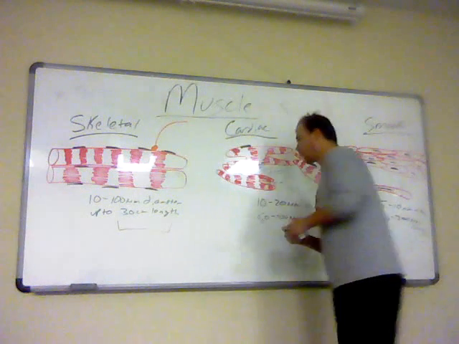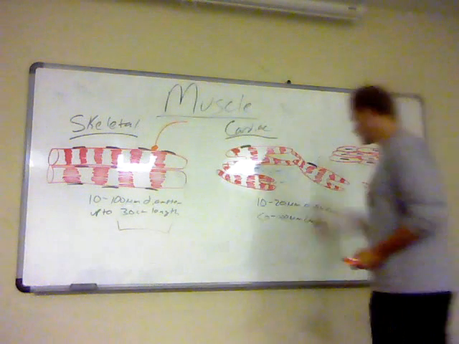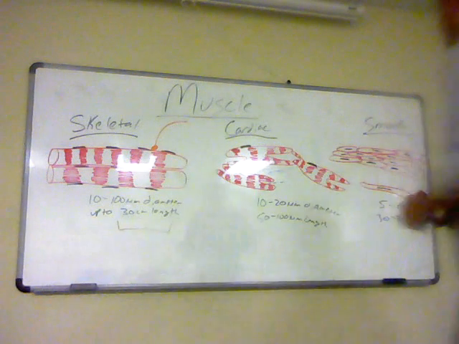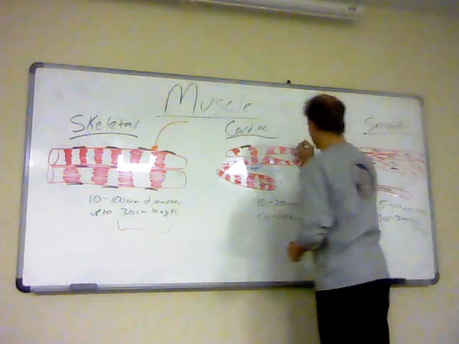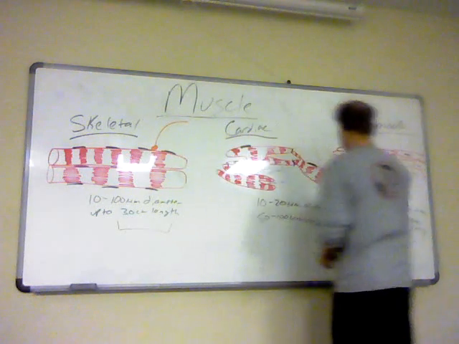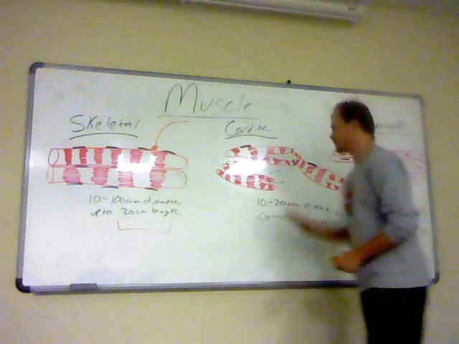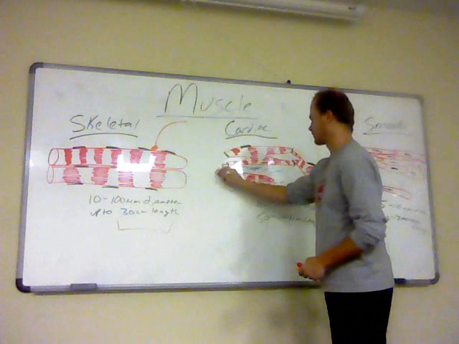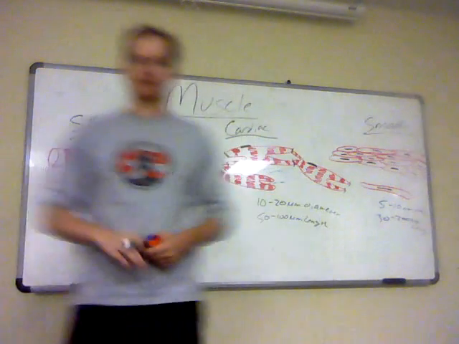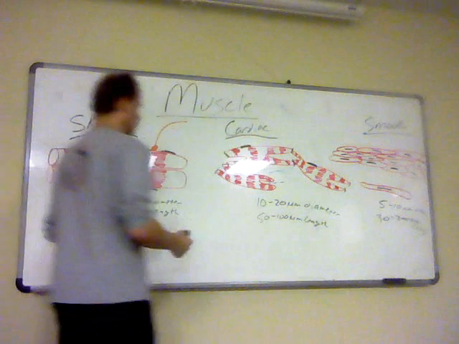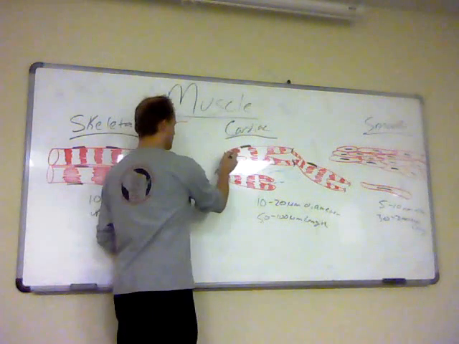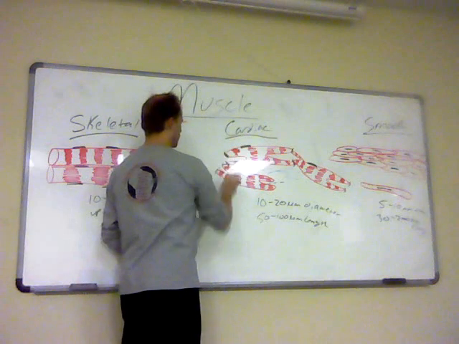Now, one thing you're going to notice when you look at the cardiac muscle cells is that it's very easy to see the borders from cell to cell because there are these structures called intercalated discs in between each individual cardiac muscle cell. That's important to identify when you're doing a histology lab and looking at cardiac muscle tissue under the microscope. Think of this as the border, the fence, from cell to cell.